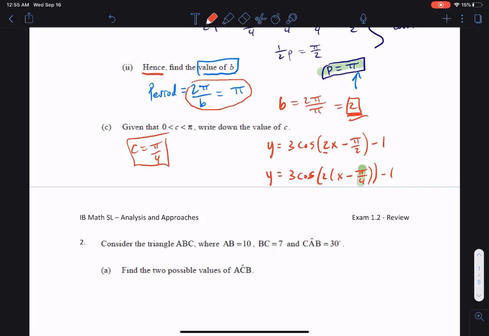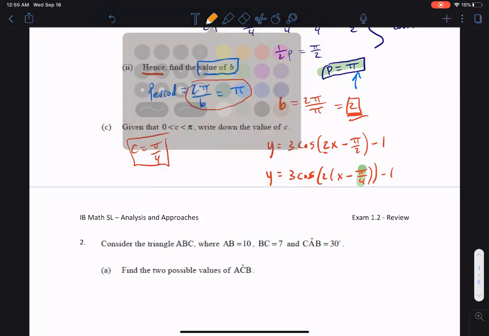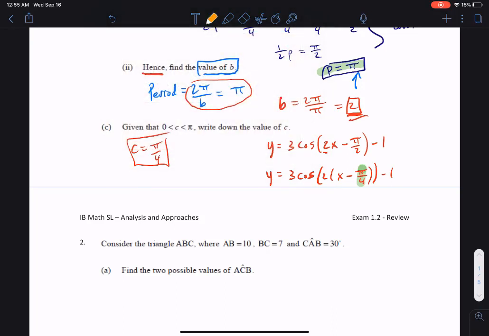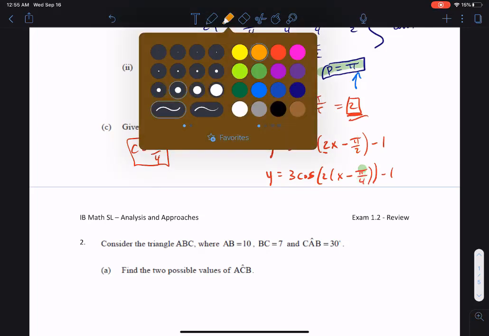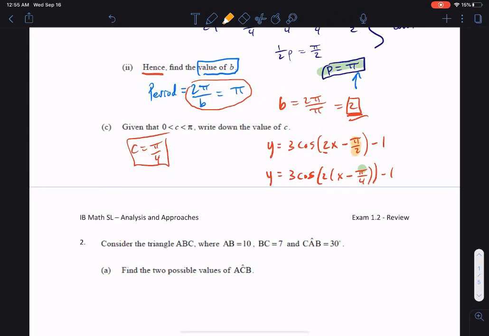To find the phase shift from this top equation, you have to divide this quantity C by this quantity B. You would get pi over 2 divided by 2, which is again pi over 4. It's the same thing as that one.